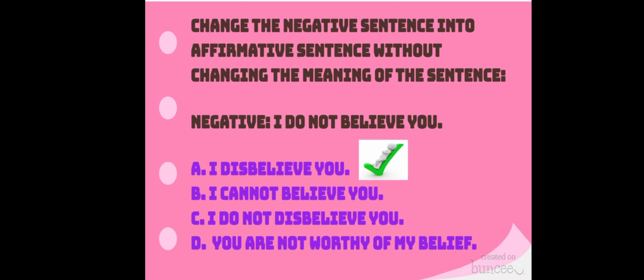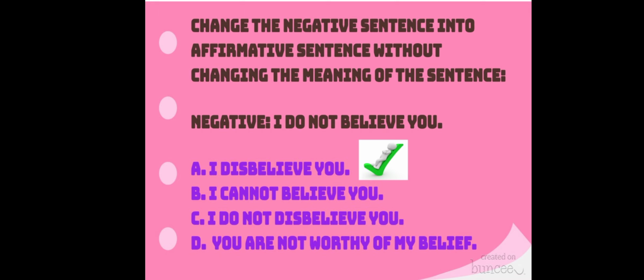In which option are you getting this? You are getting this in option A. I disbelieve you. Disbelieve is the word which is opposite of the word believe. And when you are using disbelieve, you can omit not here, right?